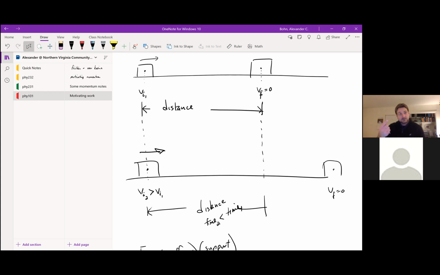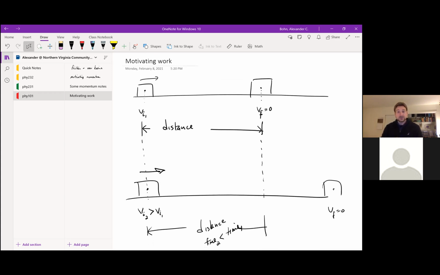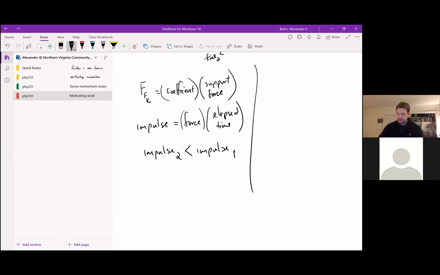The acceleration's the same, the distance traveled is the same, and if those two things are the same, then the difference between the initial and final square speeds is the same as it was in the initial case when we started a little bit more slowly, because of that acceleration equation that we developed a couple classes ago. We said that the distance traveled was related to the acceleration and the square speeds.